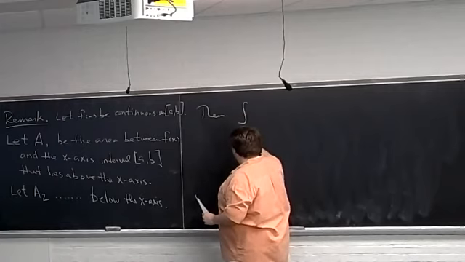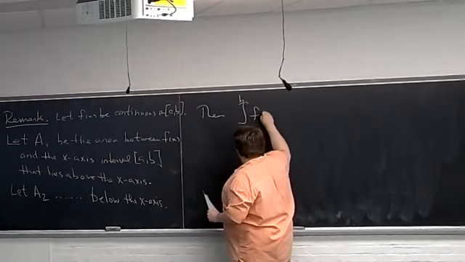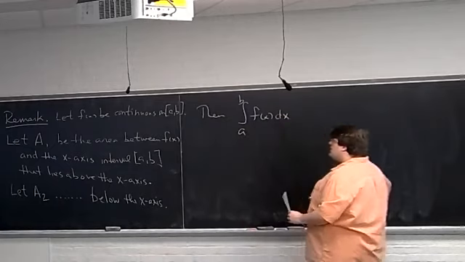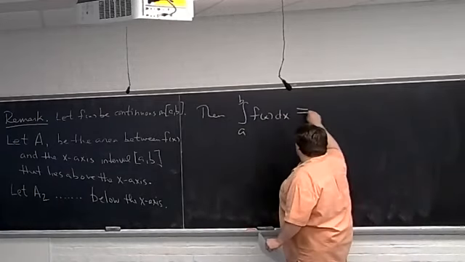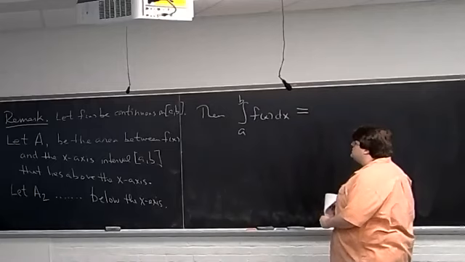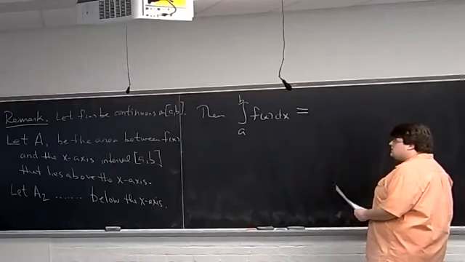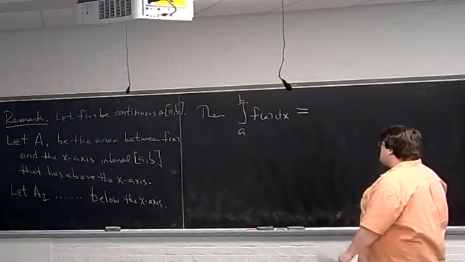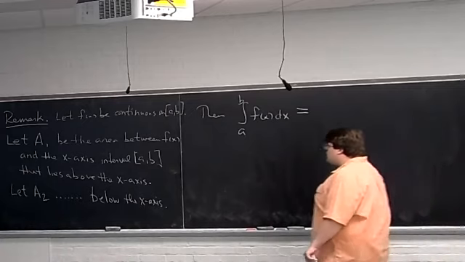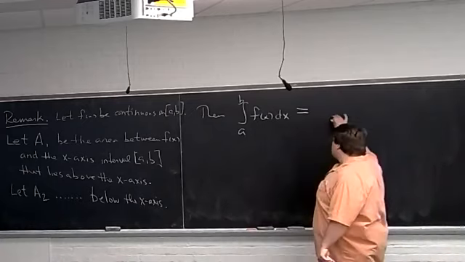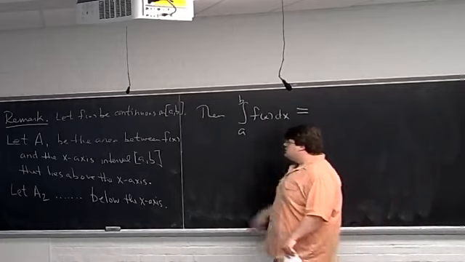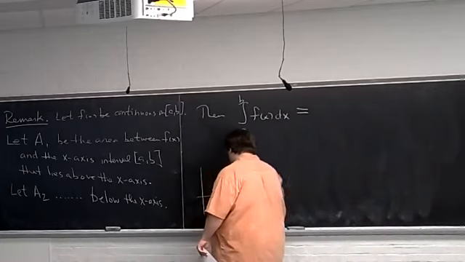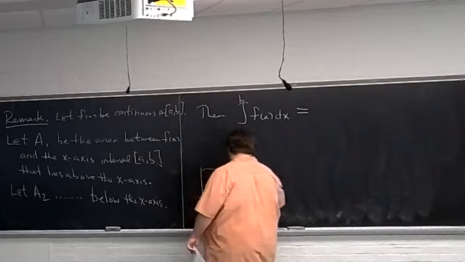Then what does the definite integral of f of x on a to b equal? Well, do I want to give it away, or do I want to do a drawing first? Let's do a drawing. So this will say equals something and something else, which will be the end of the sentence. But let's draw what we have.